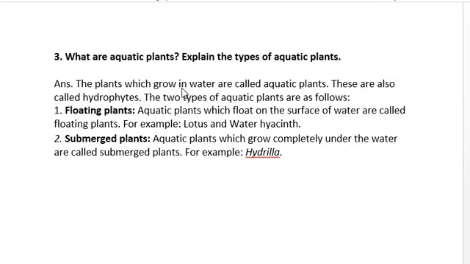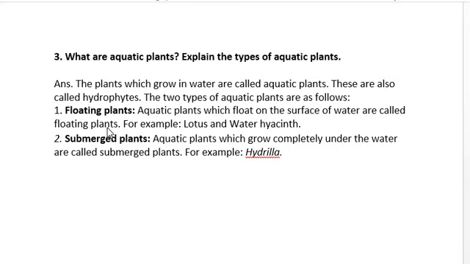The plants which grow in water are called aquatic plants. These are also called hydrophytes. The 2 types of aquatic plants are as follows. 1. Floating plants. 2. Submerged plants. Floating plants are aquatic plants which float on the surface of water.